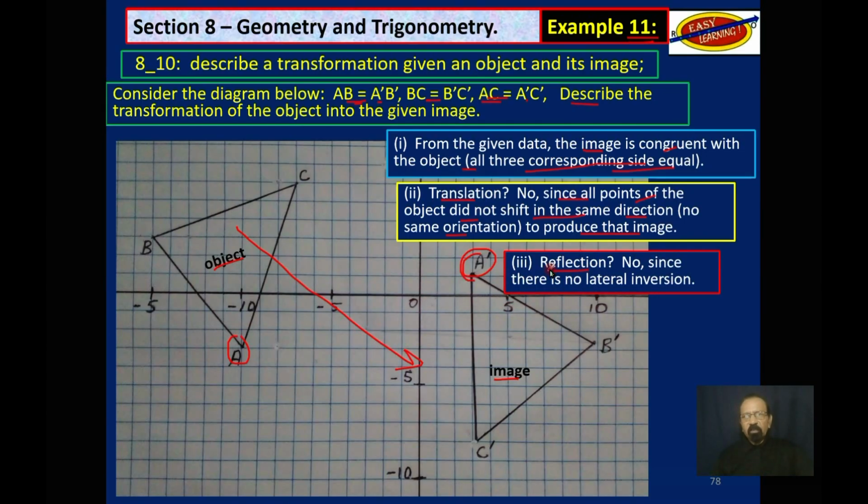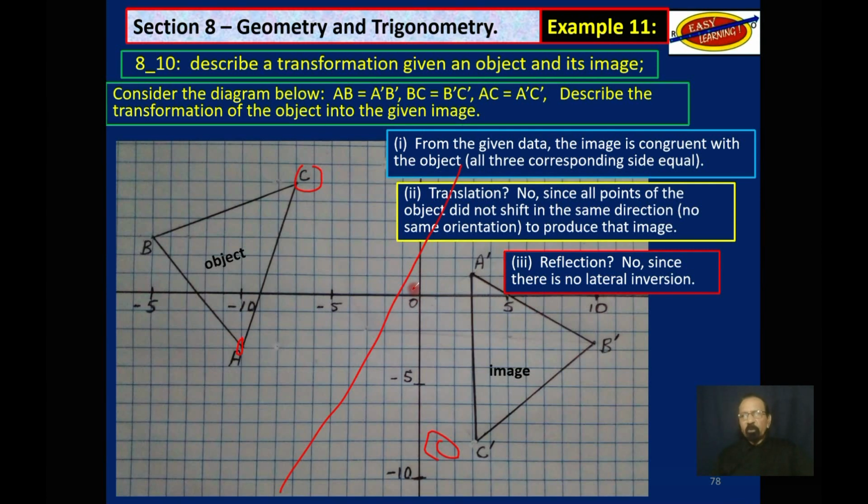So is it reflection? No, since there is no lateral inversion. If it were reflection, you would have a line passing through somewhere here so that this A would reflect across here to A prime, which is not what we have, and that C would reflect over here. There is only one exception to that.